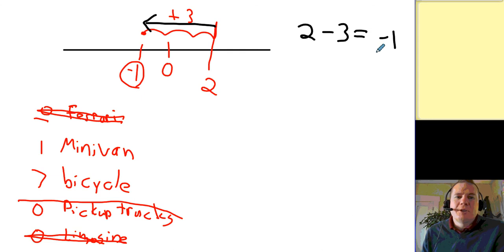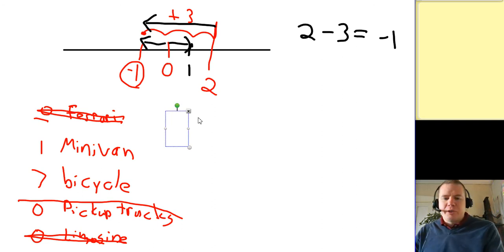Okay? And how much is -1? Well, it's the same distance as +1, just in the reverse direction. And let's just put that formally here.